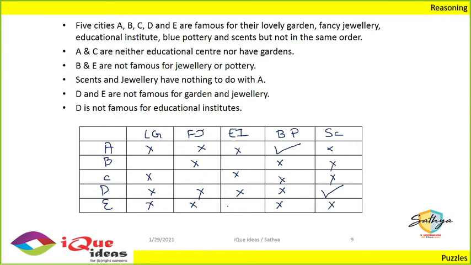Now E is only educational institutions, so B is only lovely gardens, which means C has to be fancy jewelry. So A goes with blue pottery, B goes with lovely gardens, C goes with fancy jewelry, D goes with scents, and E goes with educational institutions.